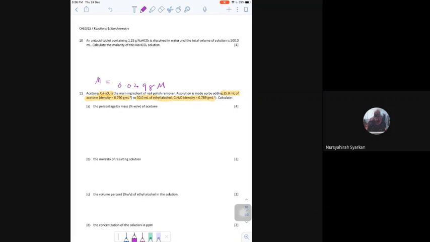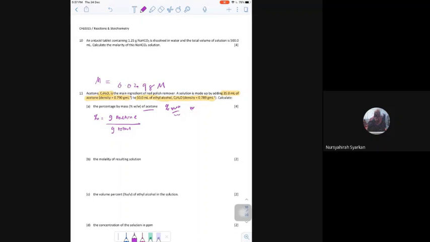So we have to know the formula first. Percentage W over W means the mass of the acetone, since the question asks for acetone, so the percentage will be gram of acetone over gram total, which is acetone plus ethyl alcohol. To calculate percentage W over W, we have to know the mass of the acetone first.